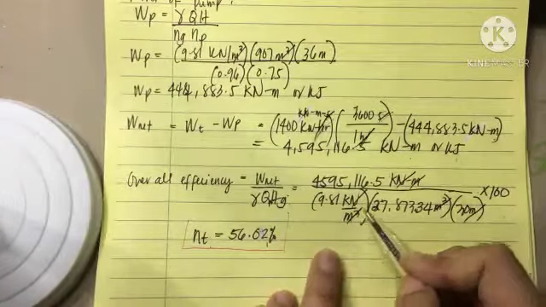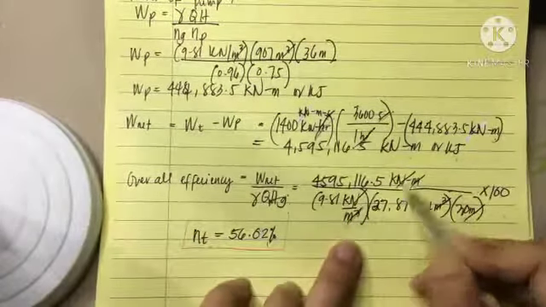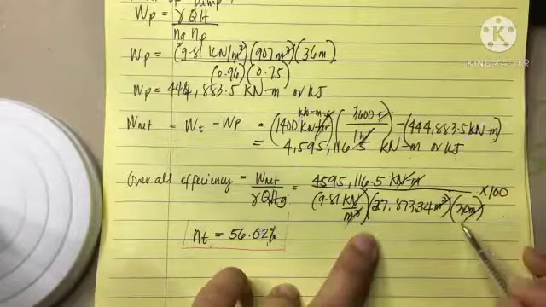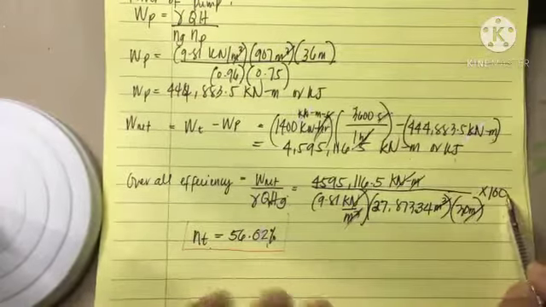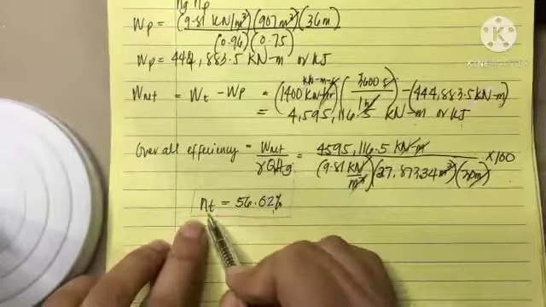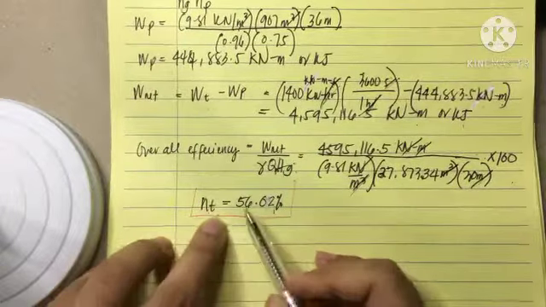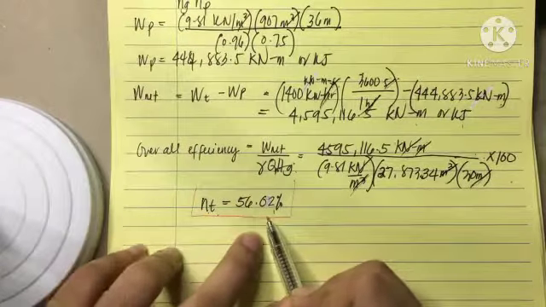So cancel out the meter cube, the kilonewton, the meter. So there's no remaining unit, times 100. So it gives us a total efficiency or overall efficiency of 56.02%.